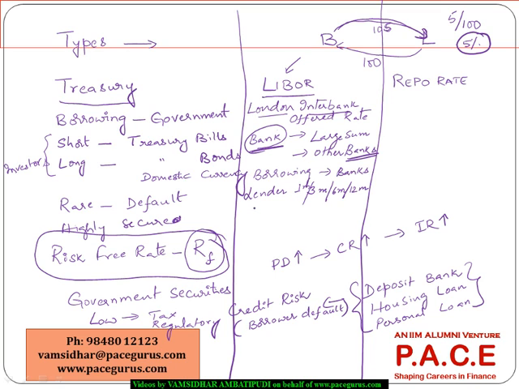Typically, compared to a treasury, the default rate for banks is slightly higher because it's not the government, it's a bank, which is a commercial setup. Generally we see that they have a credit rating of AA, whereas the treasury is almost a AAA credit rating, which means the default levels are almost zero.